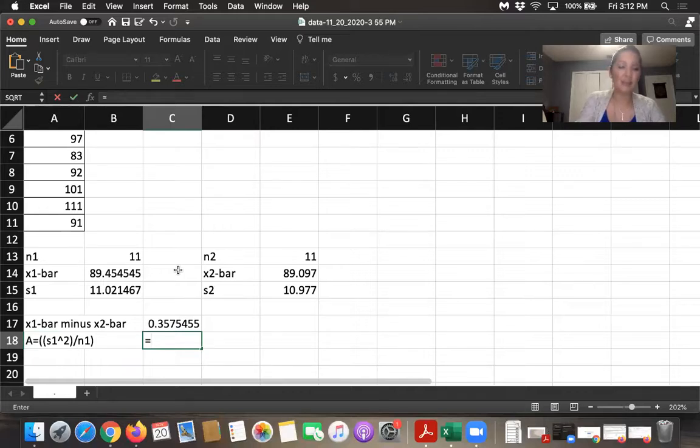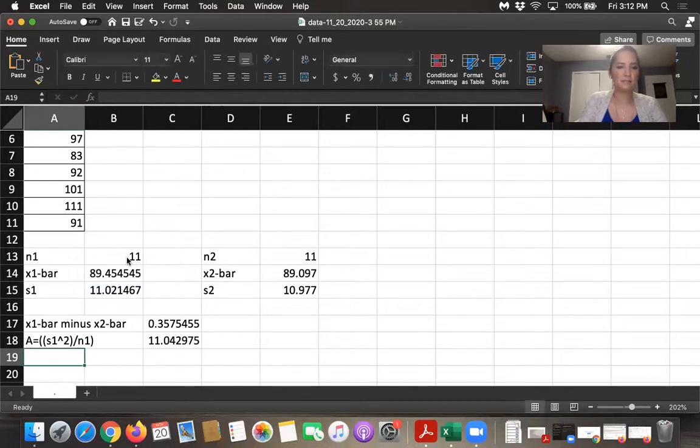You don't have to type that in, but sometimes it's helpful to leave notes for yourself or for other people if you're sharing your spreadsheets with them. If you walk away and you've given them some spreadsheet, it's nice for them to know what exactly Excel is calculating. So we're going to open parentheses, and open parentheses again for the numerator. I want that sample standard deviation squared, or sample variance if you prefer, divided by the sample size, close parentheses.